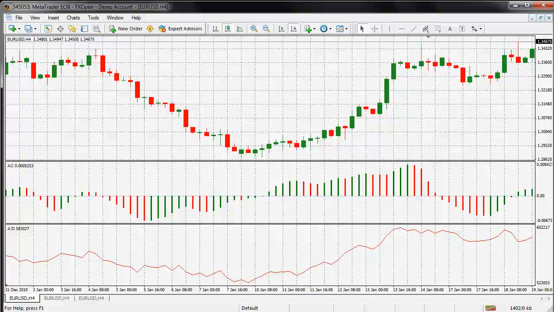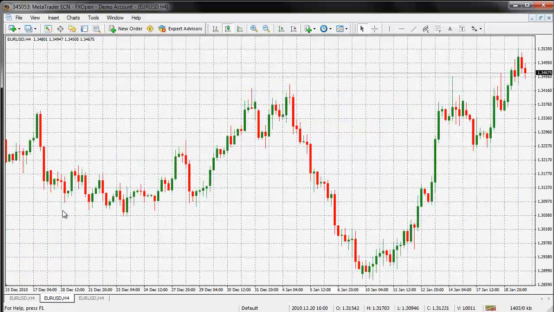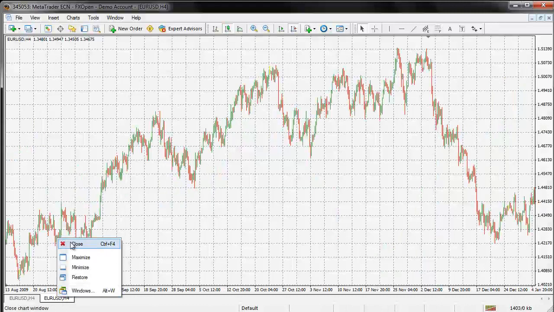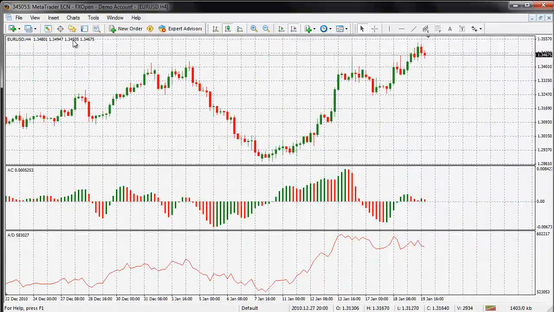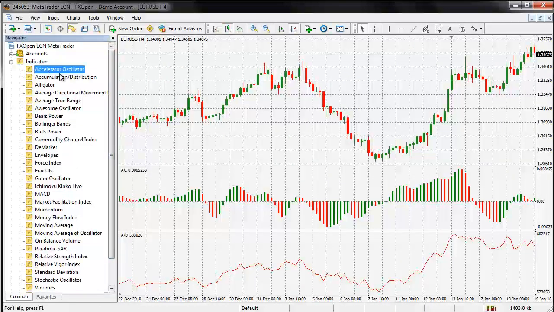Open up a blank chart, maybe something like this, and remove that off of there, and that off of there. What you would want to do is go ahead and find the oscillator and the accumulation distribution.